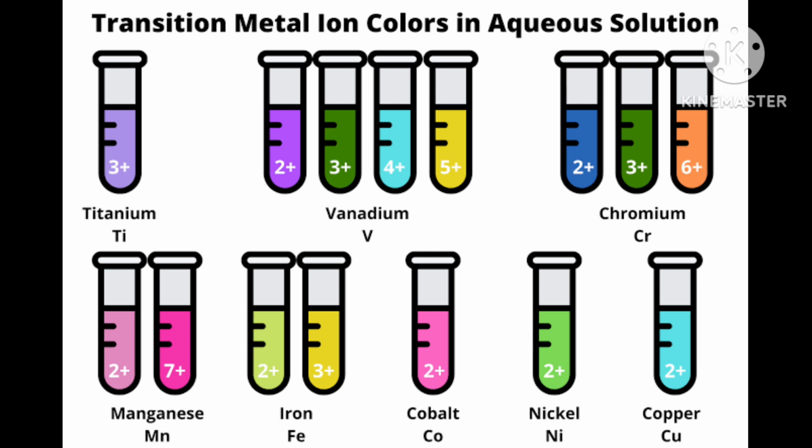In Cr2O7 2 minus, 2Cr plus 7 oxygens, 7 into minus 2, minus 14, is equal to minus 2. Then 2Cr is equal to plus 14 minus 2, means plus 12.